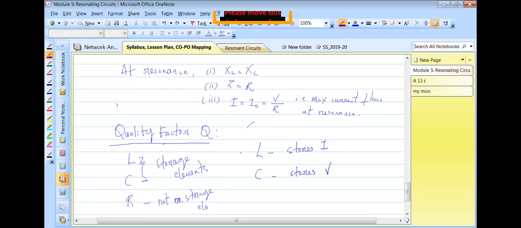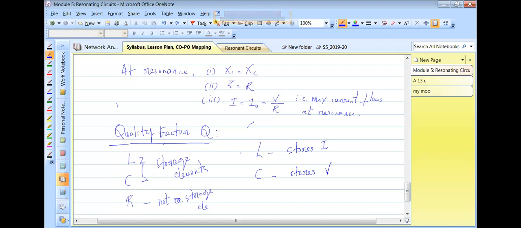Now the quality factor tells us how good your L is and how good your C is when it comes to storage. So it's the measure of storage of I and V in L and C respectively, how good your storage elements are. That is measured by the factor called the quality factor. The name itself clearly suggests quality.